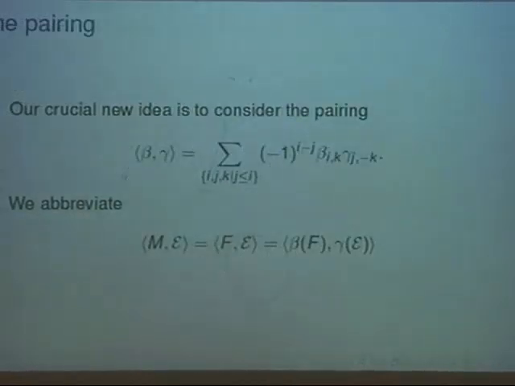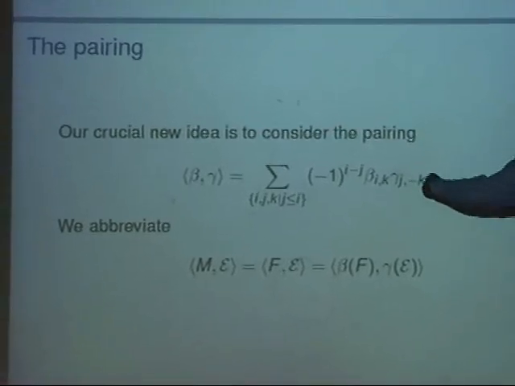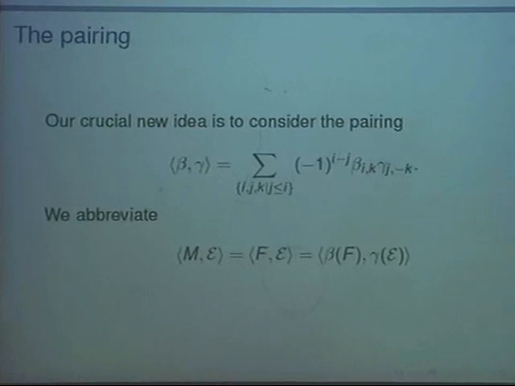So the crucial idea is to consider the pairing between a Betti table and a cohomology table. So we take this sum. There's some minus signs. We sum over k and minus k.